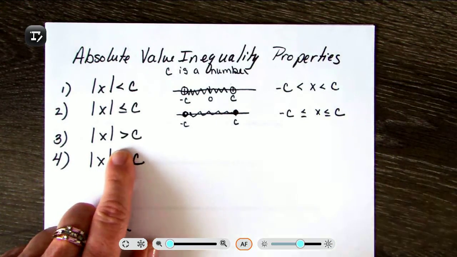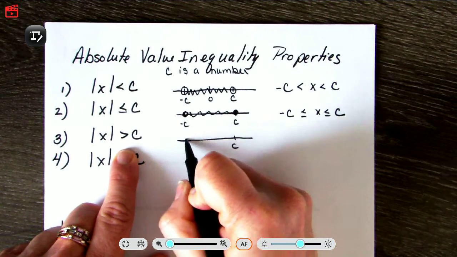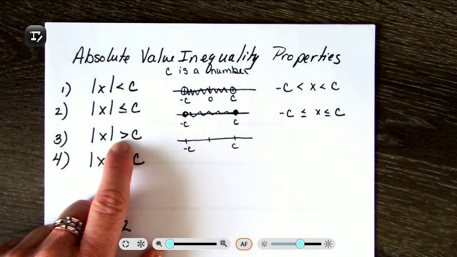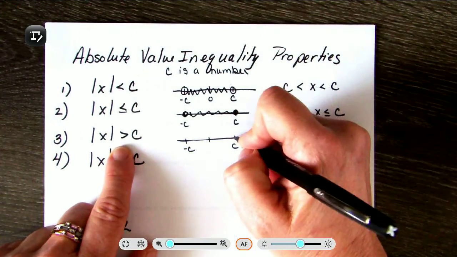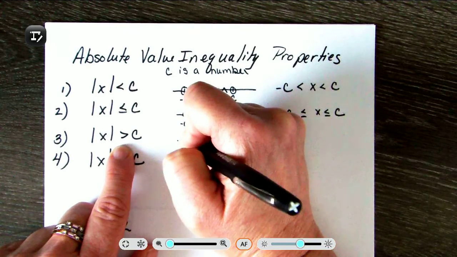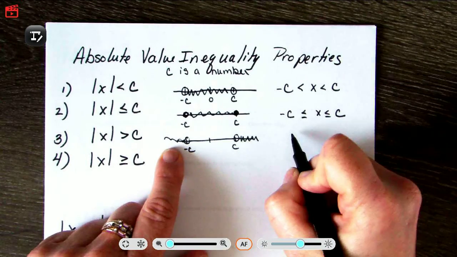Looking at the greater than, again, we're going to be c units from 0. So here's c and negative c. If I want to be further away, greater than, that means I'm either out here or down here. So we can't do these together, so we're going to have to do two equations.